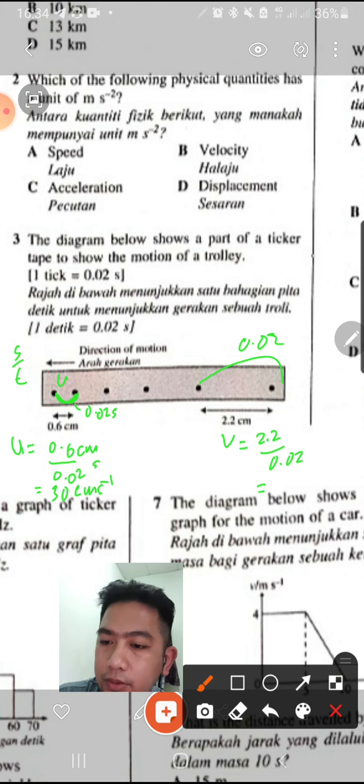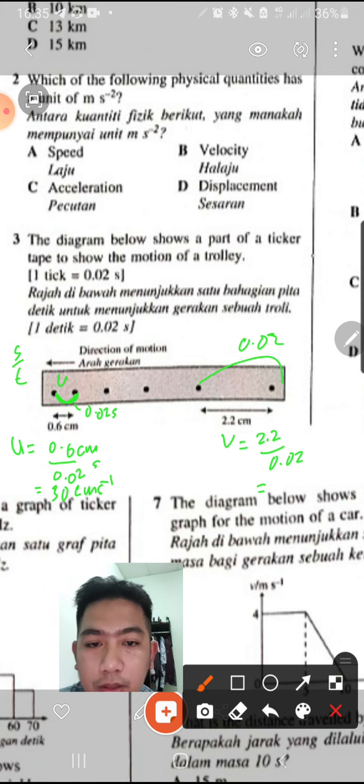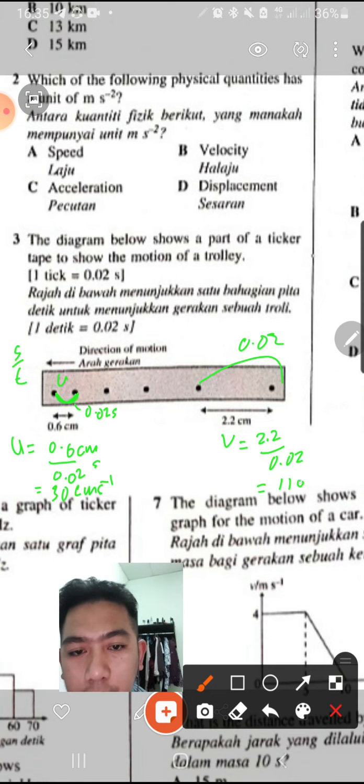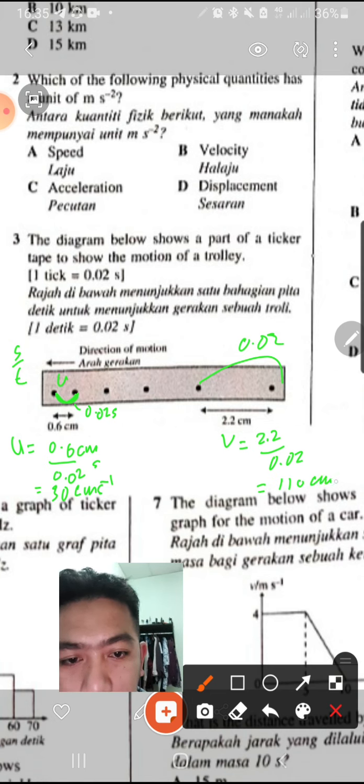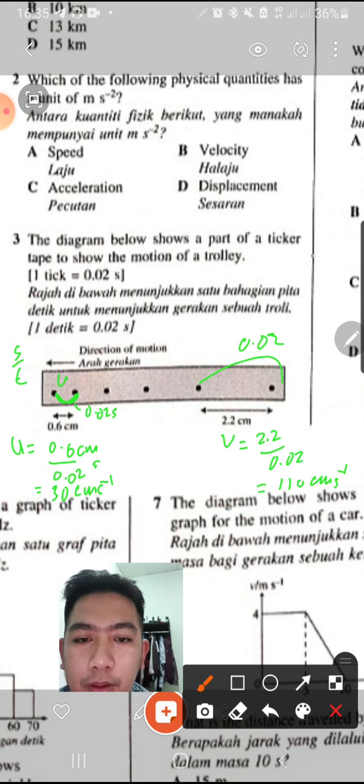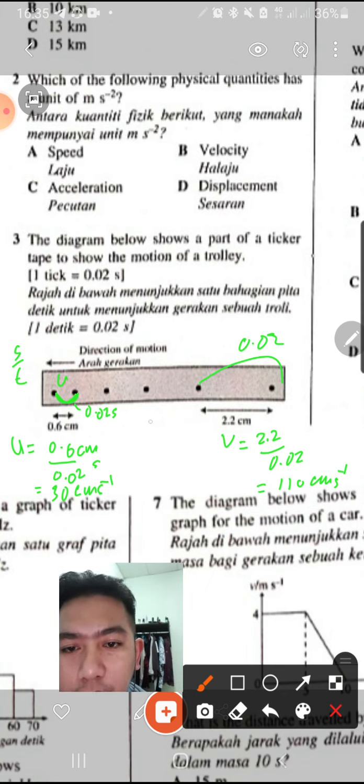Kalau you divide, you akan dapat 110 centimeter per second. Okay, so remember formula dia ialah a equals V minus U over time, where V is final velocity, U is initial velocity.